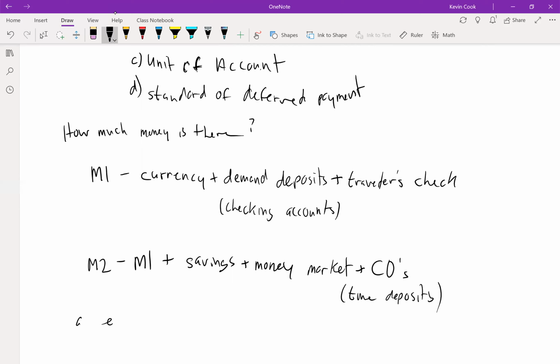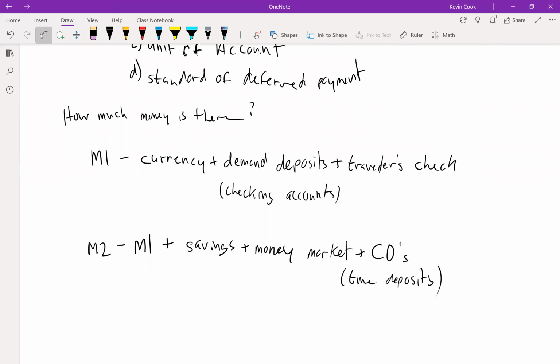So we have this money, and we say we need it for all these purposes, but now we need someone to kind of handle our money, right? I don't want to have to carry around all of my money with me all the time. So we have our banks.